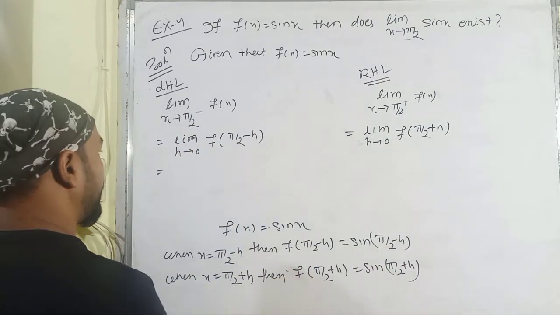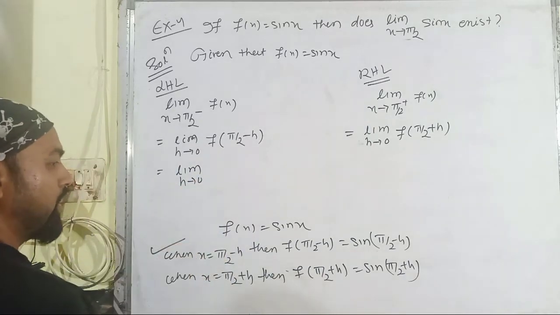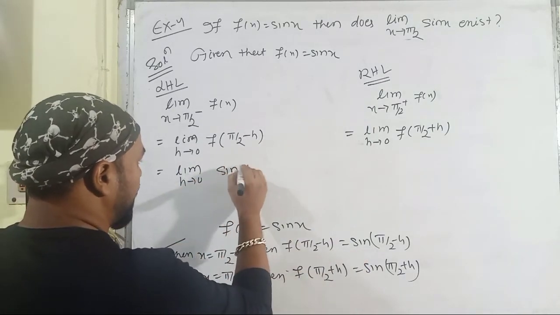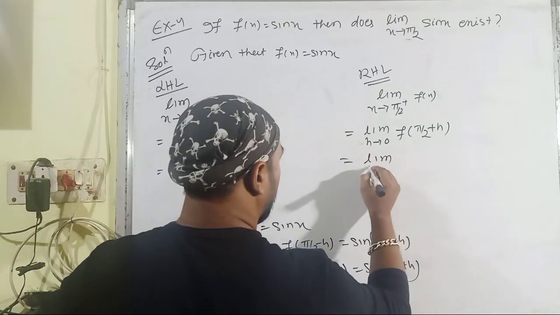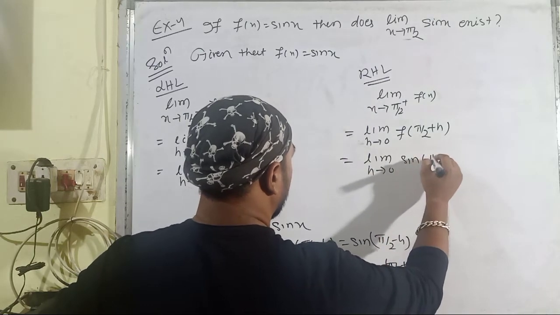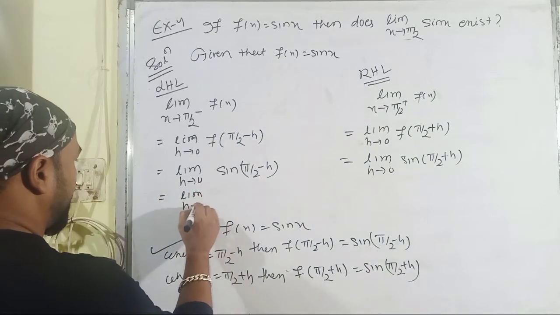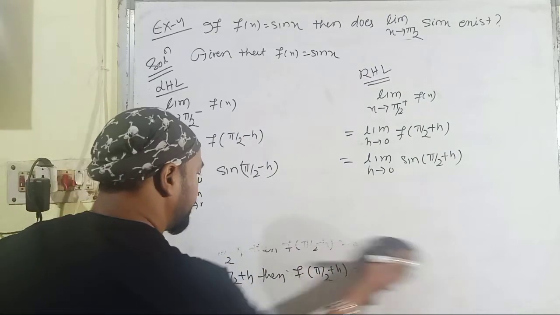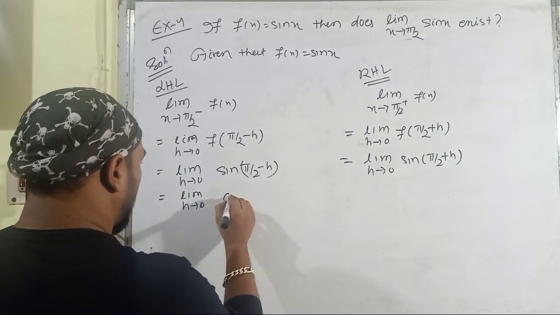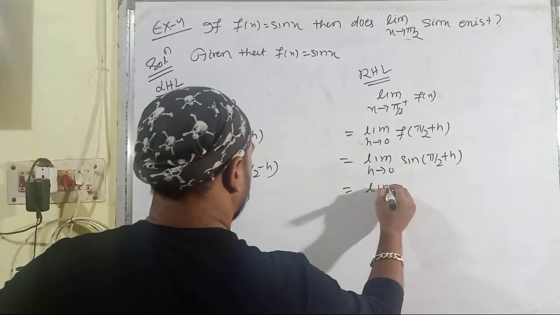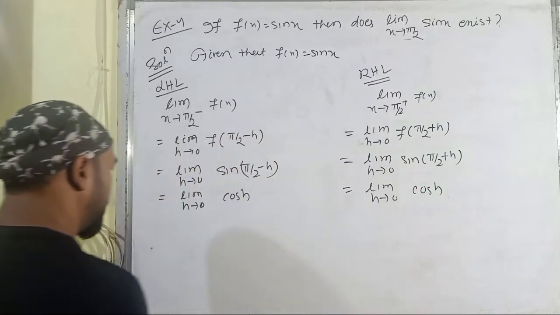So these are the two new values here. So limit h tends to 0, in case of the left hand limit you have to put sin of pi by 2 minus h. In case of the right hand limit, you have to put limit h tends to 0 sin of pi by 2 plus h. And here it will be limit h tends to 0 sin of pi by 2 minus h, it is cos h. Then limit h tends to 0 sin of pi by 2 plus h, it is cos h.